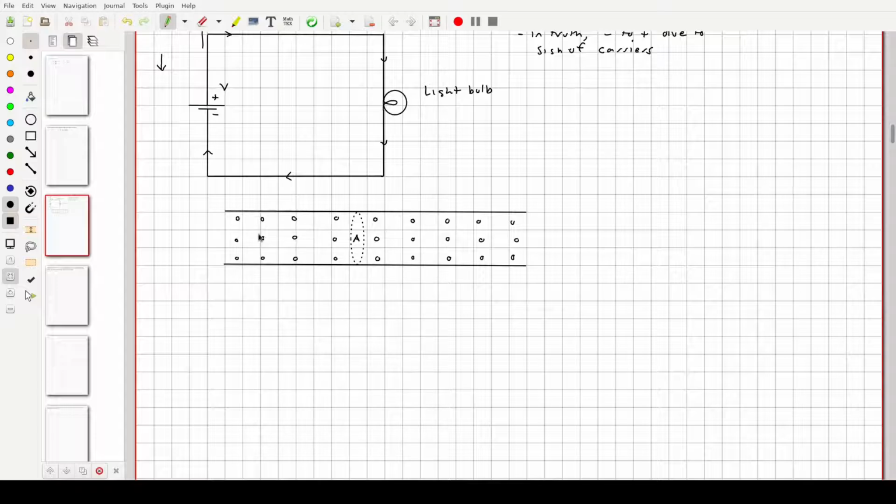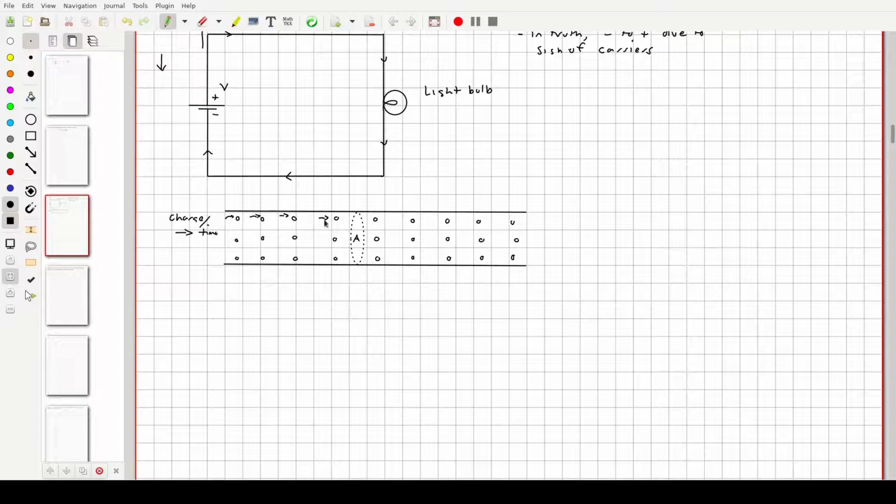Now, these atoms have free electrons that sit on the outer shell, and what happens is when you cram in charge over time, so 2 coulombs in a second or something like that, every little charge that you put on here pushes its neighbors this way.